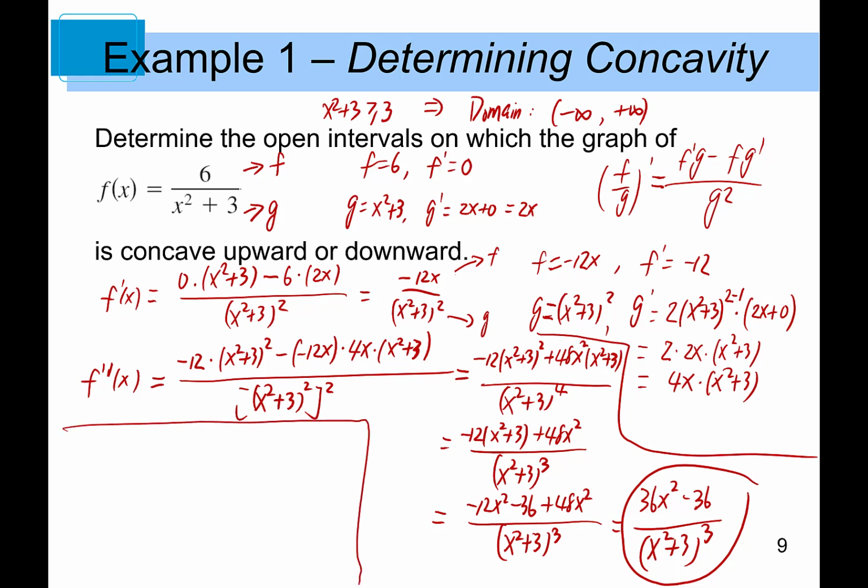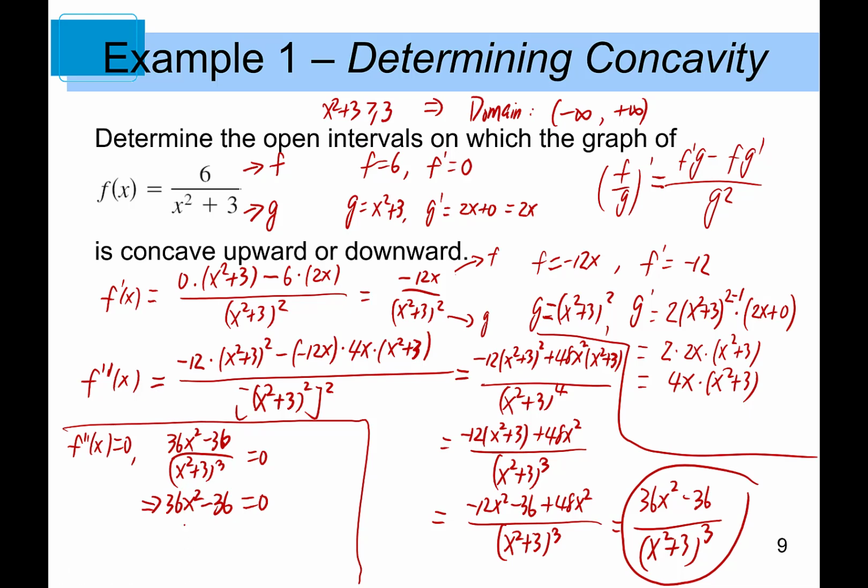Then next we're going to figure out the numbers we're going to test for concavity. So we're setting f double prime of x equals 0. That means 36x squared minus 36 over x squared plus 3 to the 3rd equals 0. Use cross multiplication, we end up with 36x squared minus 36 equals 0.